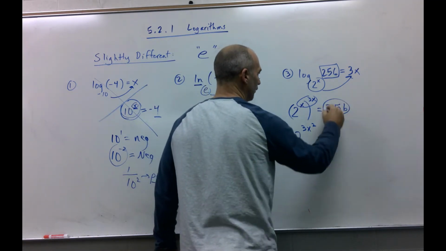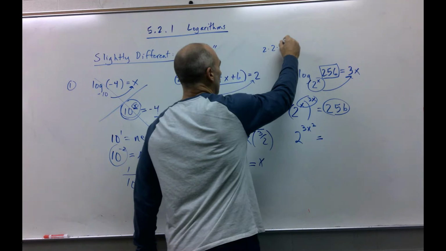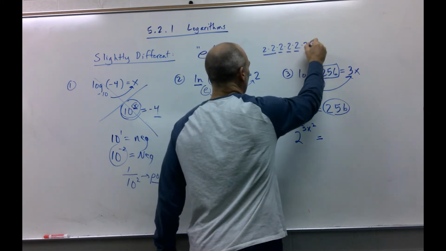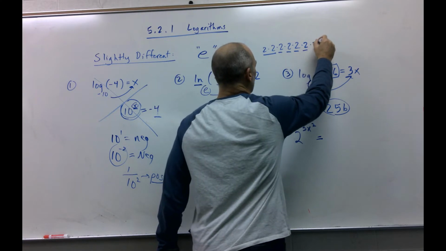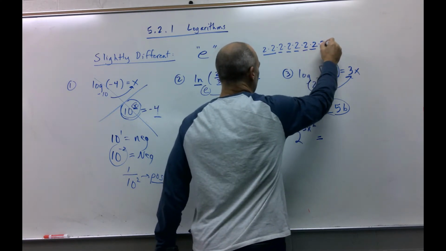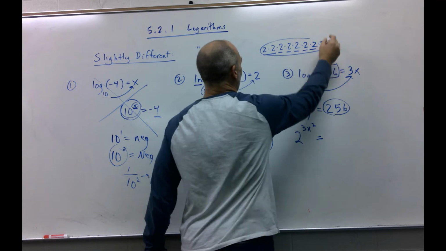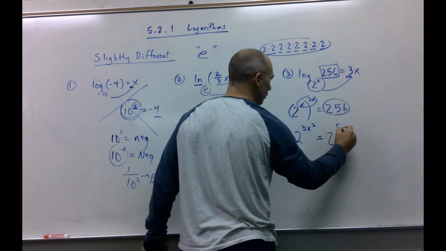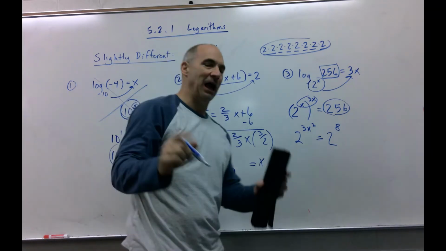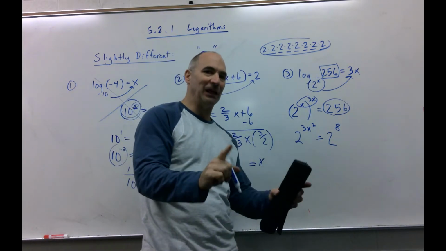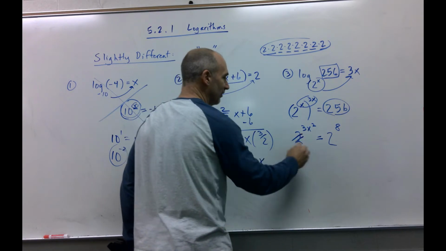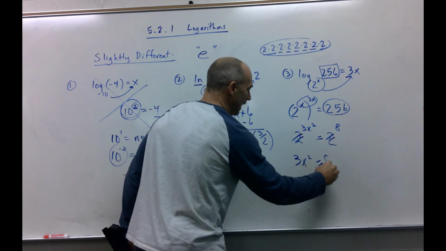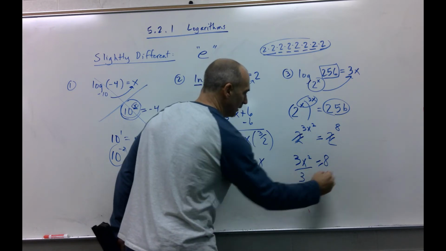Now, 2 times 2 times 2 times 2 times 2. 4, 8, 16, 32, 64, 128, 256. So right there, I got 1, 2, 3, 4, 5, 6, 7, 8 of them. What am I doing? Sticking with the common bases, happy places theme. So now the bases disappear, and I get 3x squared equals 8. And I'm going to divide by 3, divide by 3.